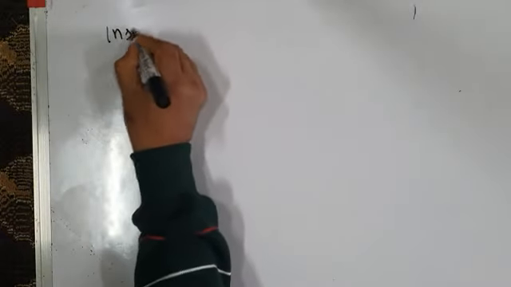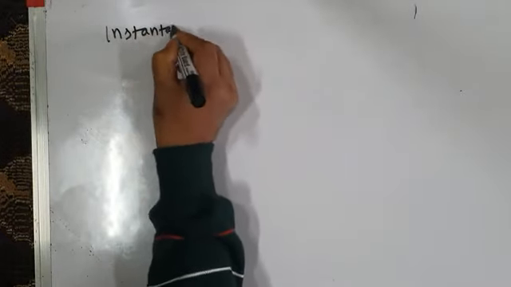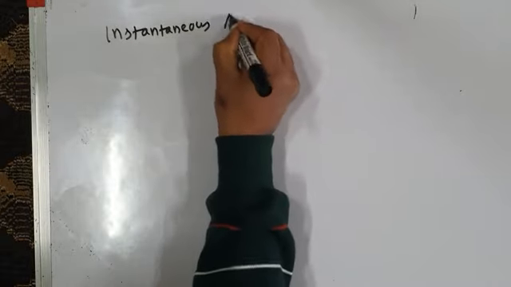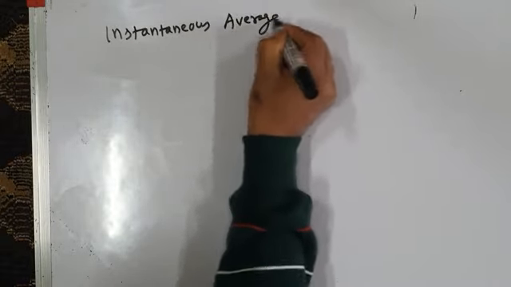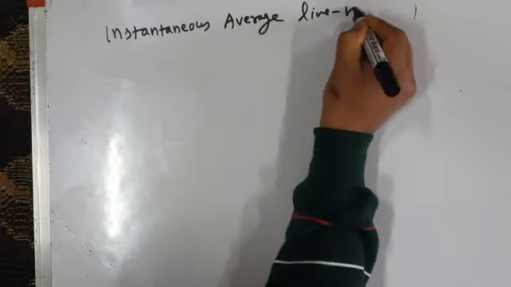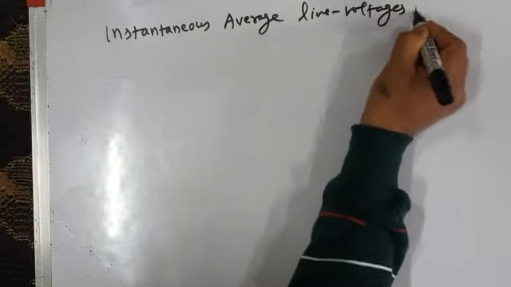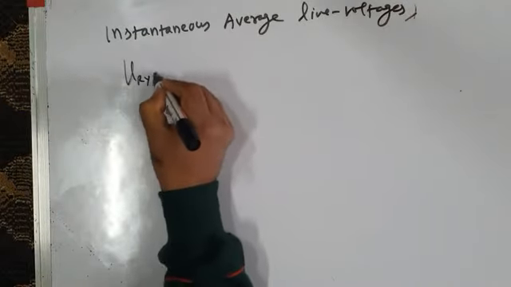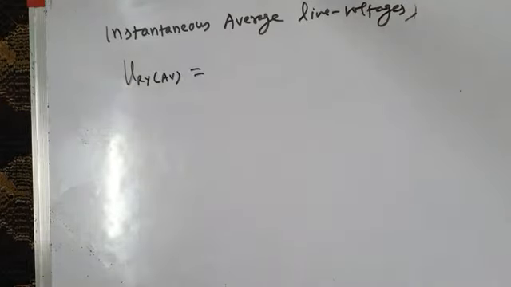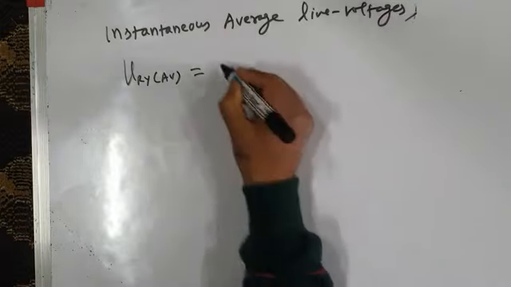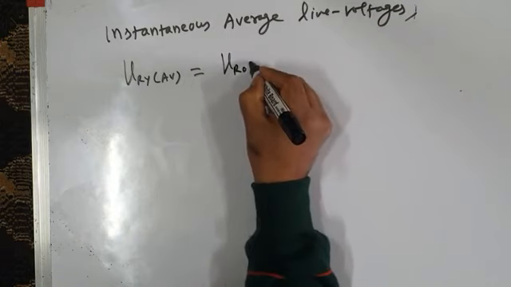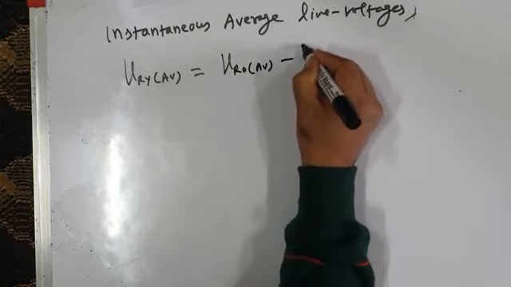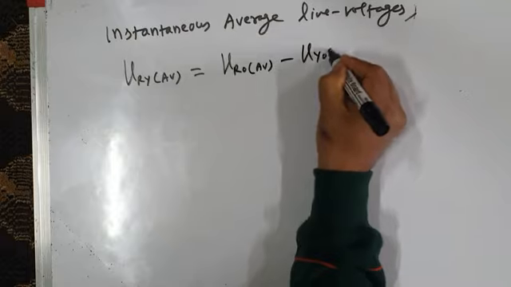What about line voltages? So instantaneous average line voltages. Let us now see mathematically how these line voltages look like. So let us take VRY average, instantaneous average value of line voltage VRY. Okay, so it is equal to instantaneous average pole voltage VRO minus instantaneous average pole voltage VYO.